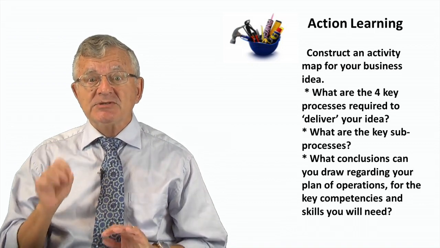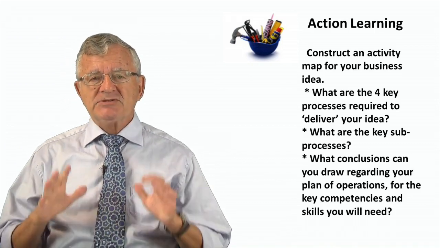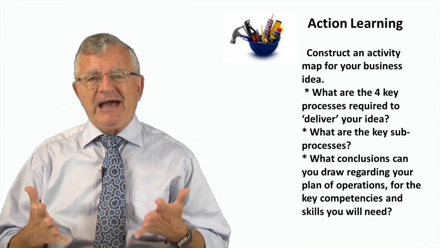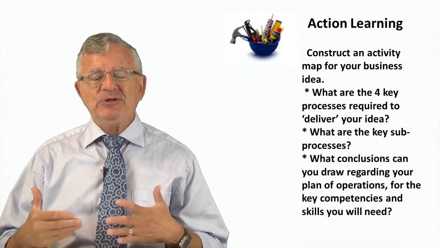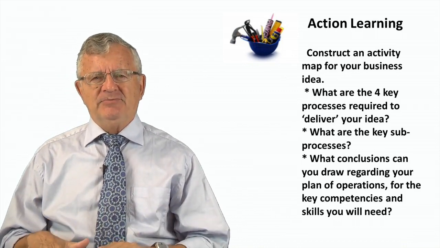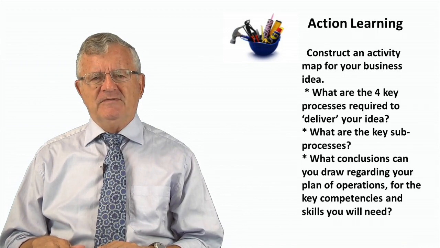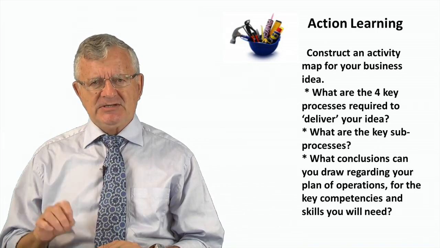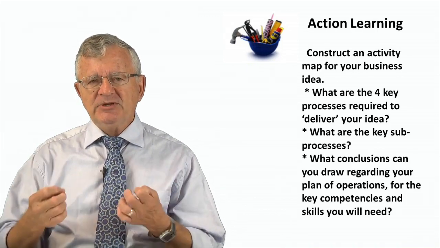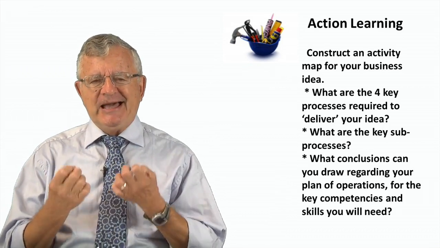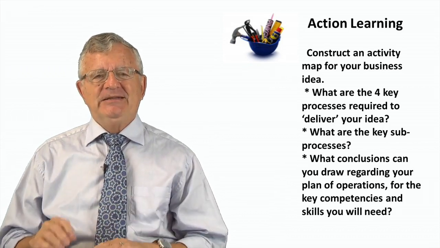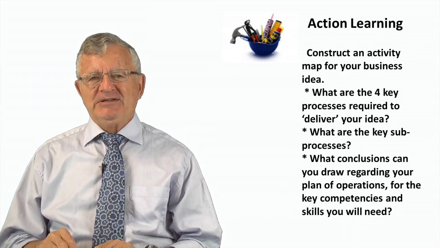What are the key skills that you're going to need? What skills will you need? What do you have of those skills, and what will you need to develop? What will your company have to acquire in terms of its excellence? And can you communicate this unique activity systems map to every single person in your organization?